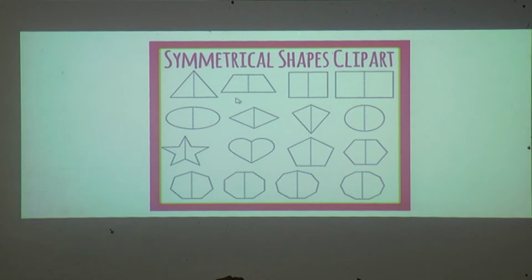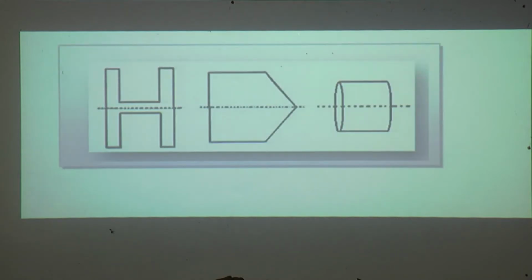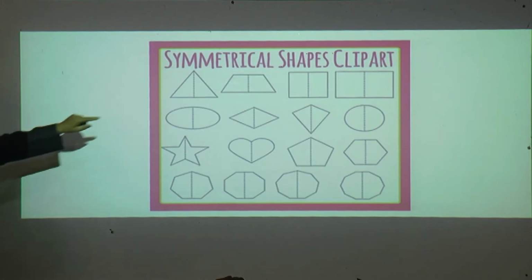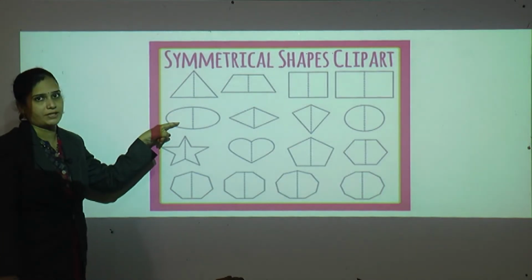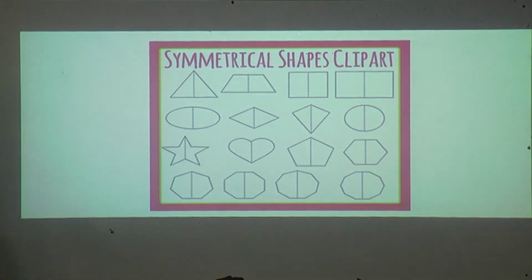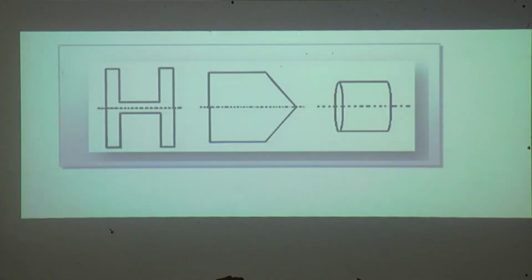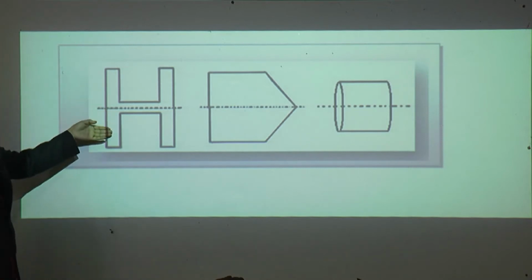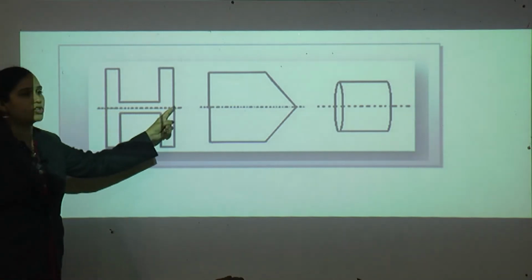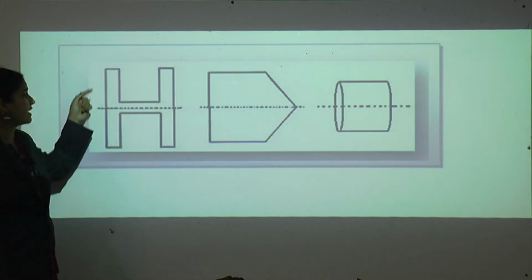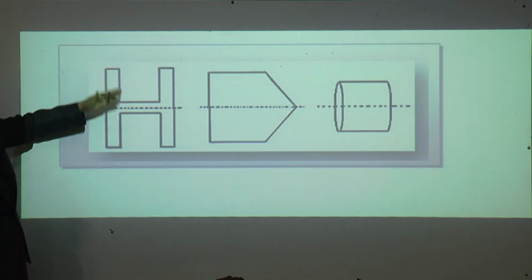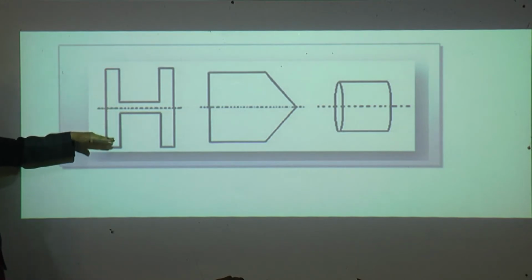Now students, see here, vertical axes of symmetry are there, isn't it? Next, here is an H, but here is a horizontal line. This line divides the H into two equal parts. If you fold like this, you will get two halves, exactly two halves.